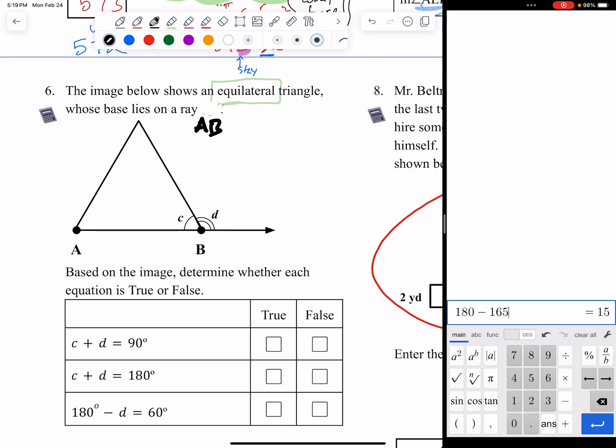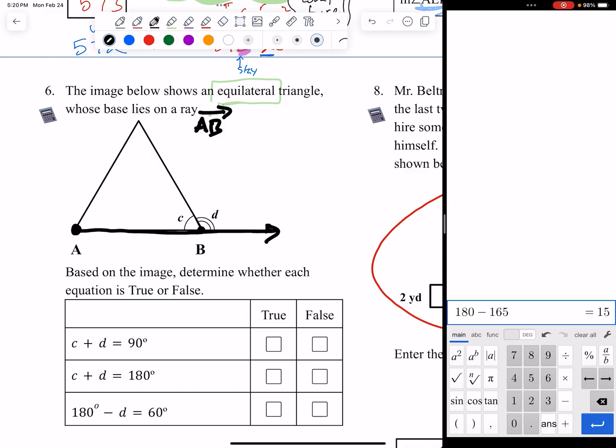I just want to make sure that when you're actually seeing the paper, you actually have AB on here. And you do, so I fixed it. Sorry about that. So the ray AB looks like that. Can you see? It has an endpoint, and it goes towards the right forever. Okay? So based on the image, determine whether each equation is true or false.